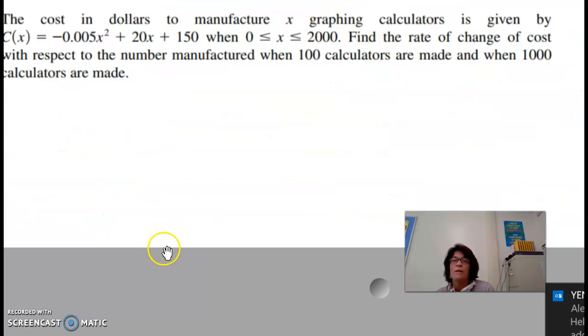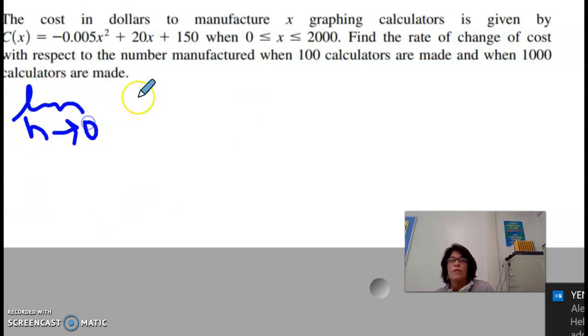Okay, per something. Here we have costs. Cost in dollars to manufacture x calculators is given by this formula. We want the rate of change of the cost. So let's just find that general formula first.